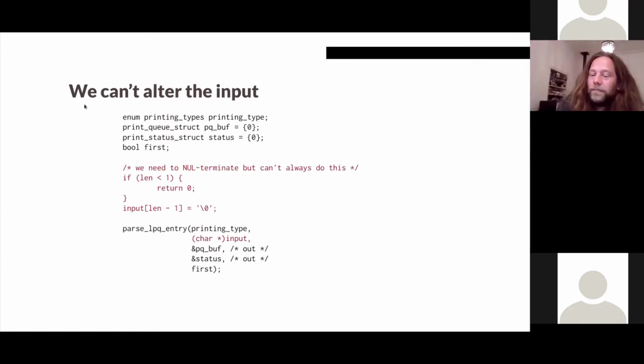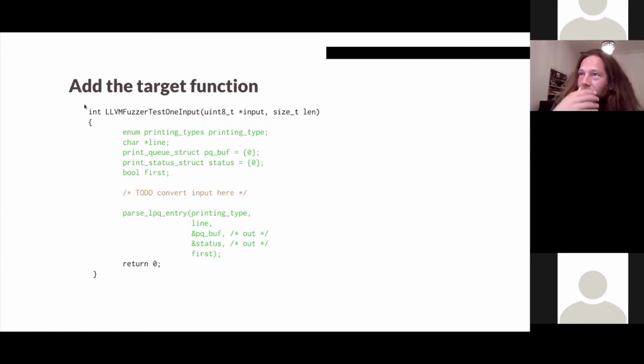Now, because we want a char star with a null terminated string, at least I assume that's what we want. That's what you think they want. It's called line, so it probably means they don't even expect a newline in there.